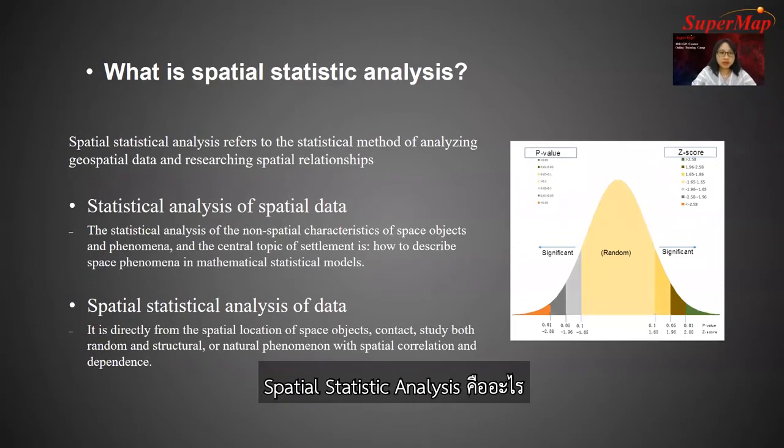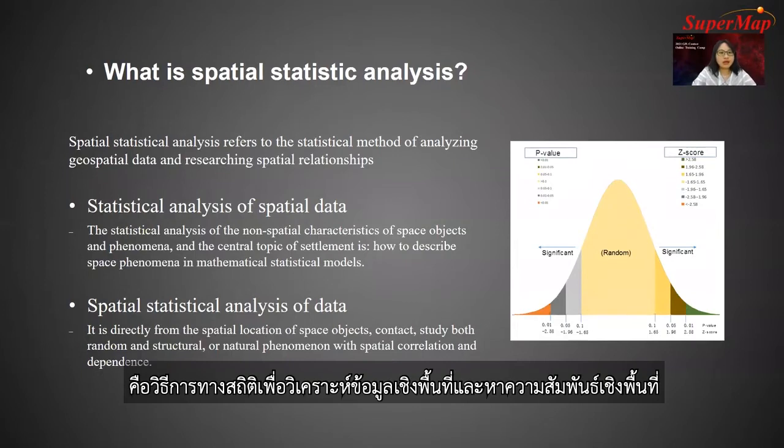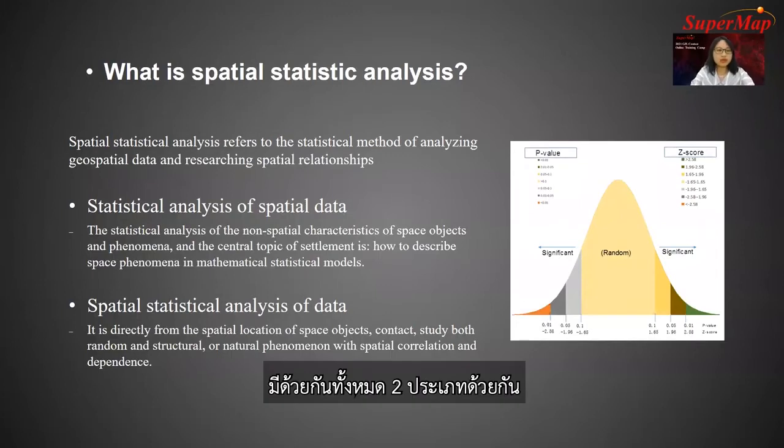So what is spatial statistical analysis? It refers to the statistical methods of analyzing geospatial data and researching spatial relationships. Here we can see there are two types of this statistic analysis.